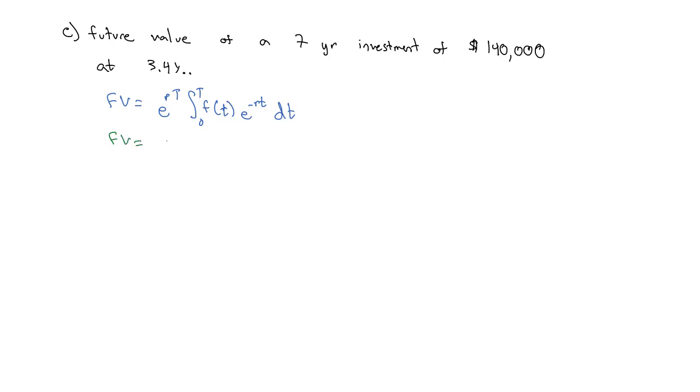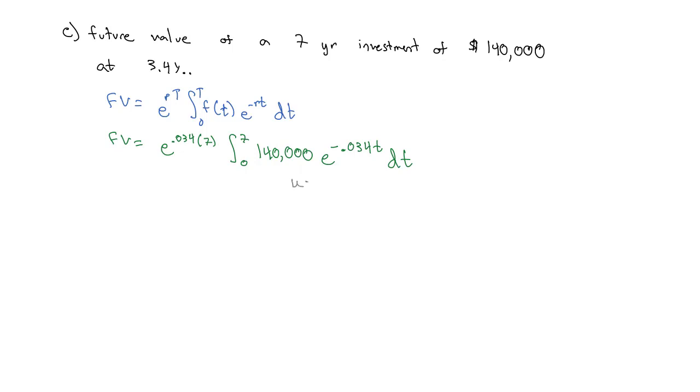So our future value is equal to e to the r, which is 0.034, times time, which is 7 years, of the integral from 0 to 7 years, of the money stream of $140,000 times e to the negative 0.034, the interest rate, times the t that we're integrating with respect to.